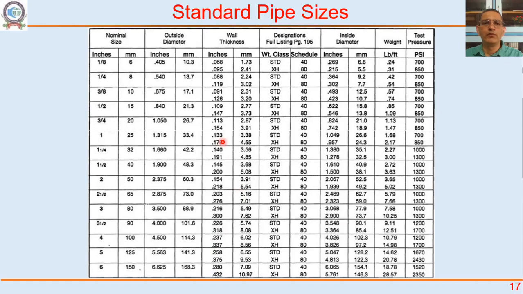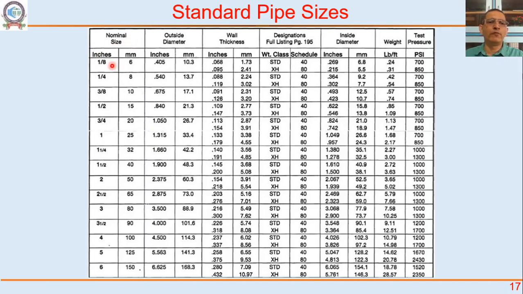Just to give you one more thought, and then we'll stop here for this lecture. These pipe sizes come in standard sizes, so they are referred to by something called a nominal size. The nominal size is like a roll number, right?